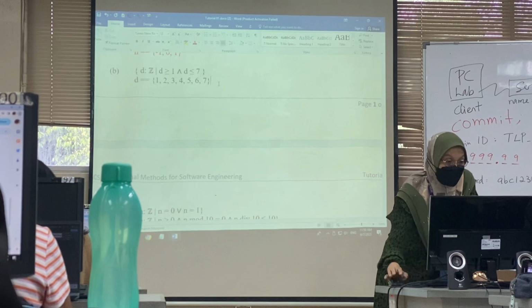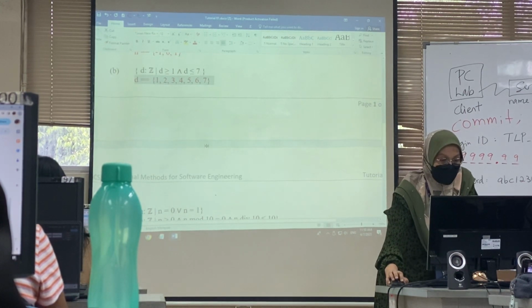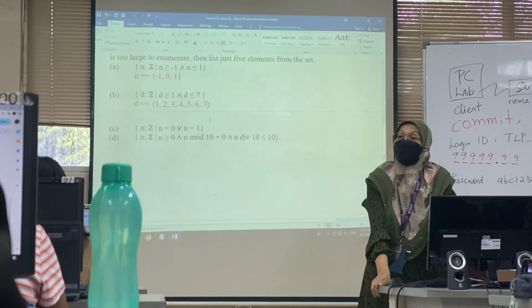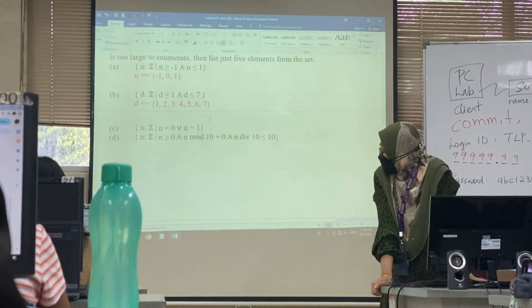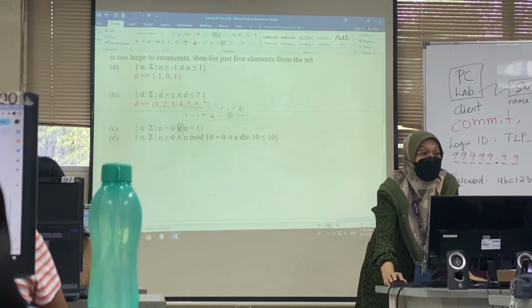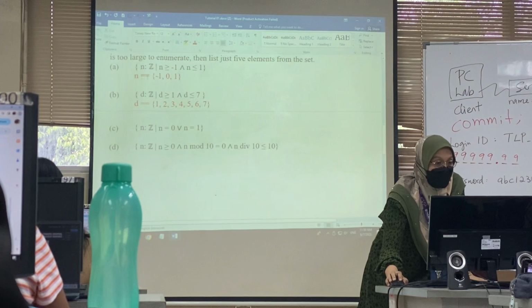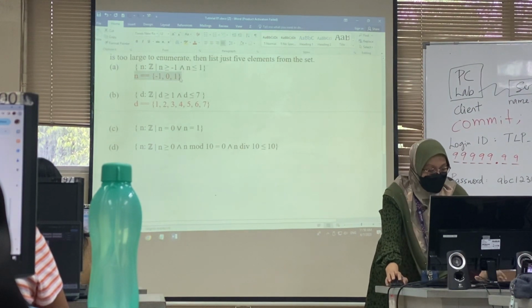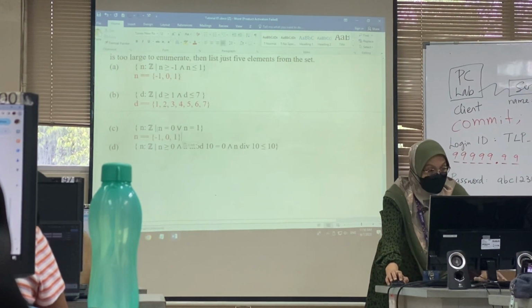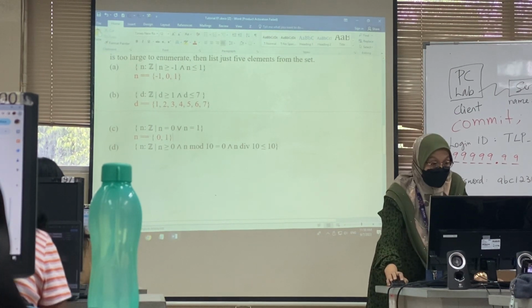Okay? How you get the answer. Even though here it shows or, this disjunction or, so the answer still will be the same, okay?